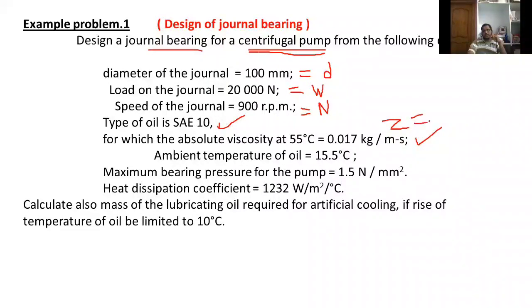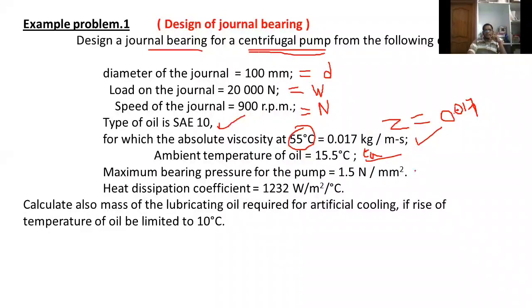Here 55 degrees Celsius is the operating temperature, and the ambient temperature of the oil is 15.5 degrees Celsius. This value is TA.